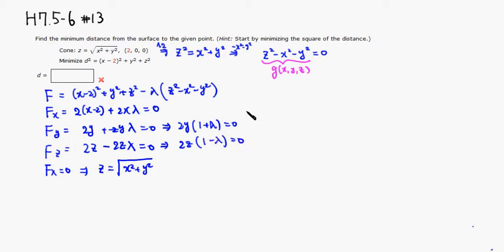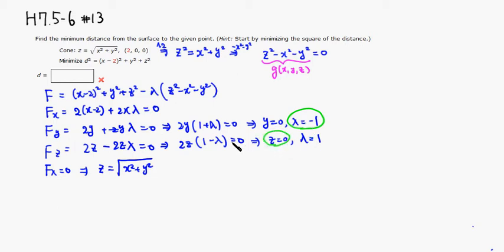So these two give us either y equals 0 or lambda equals negative 1, or z equals 0 or lambda equals 1. Let's assume that lambda equals negative 1. Which means that lambda cannot be 1, so it's got to be z equals 0.